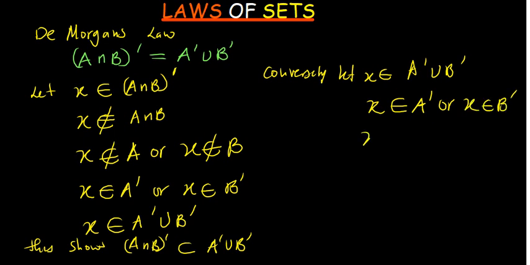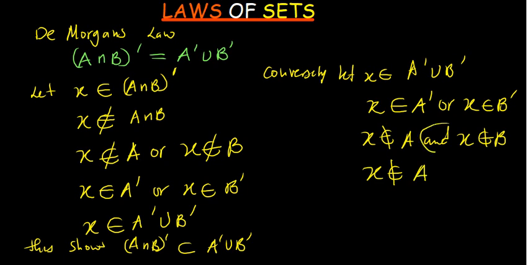And then as we now change to not a member, that's when it becomes and: X is not a member of A and X is not a member of B, meaning X is not a member of A intersection B. Well, this is not a member.